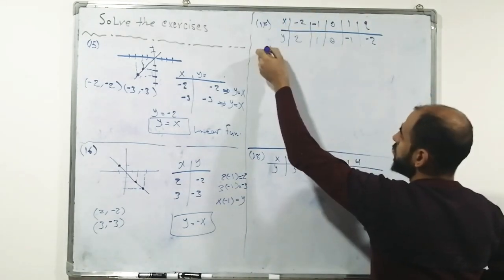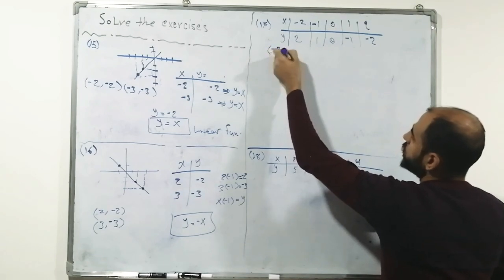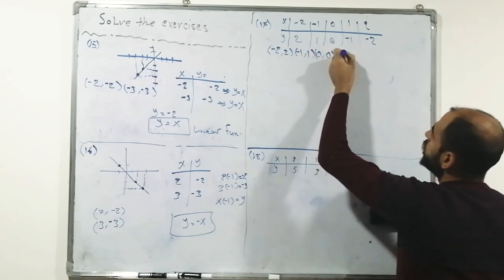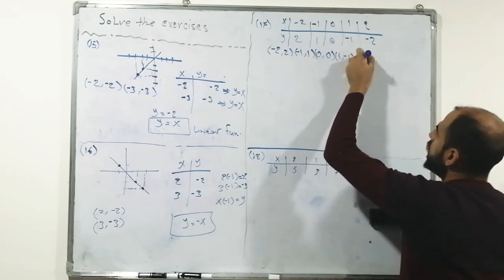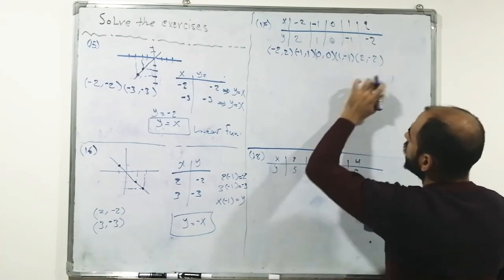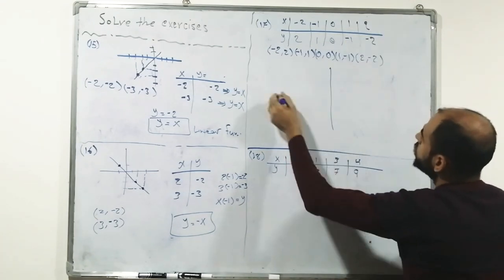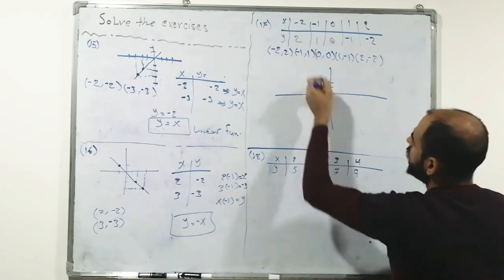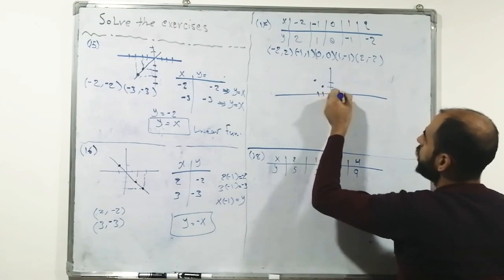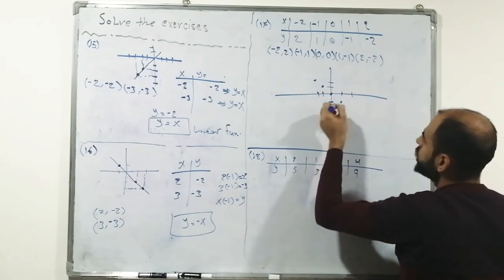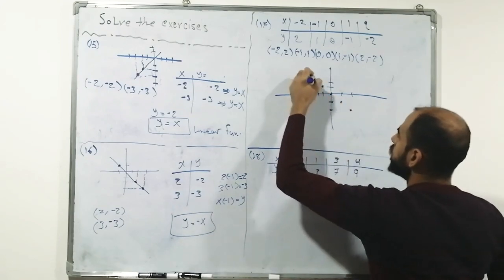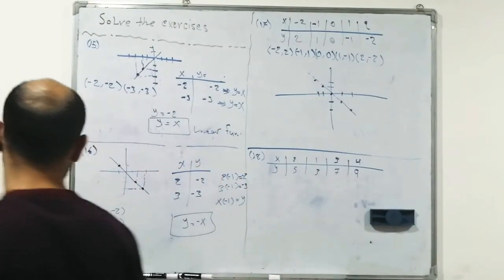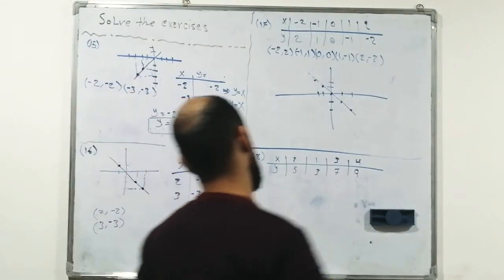From the function table, make the ordered pairs: minus 2 with 2, minus 1 with 1, 0 with 0, 1 with minus 1, and 2 with minus 2, the last point. Now this is the diagram of the function table.